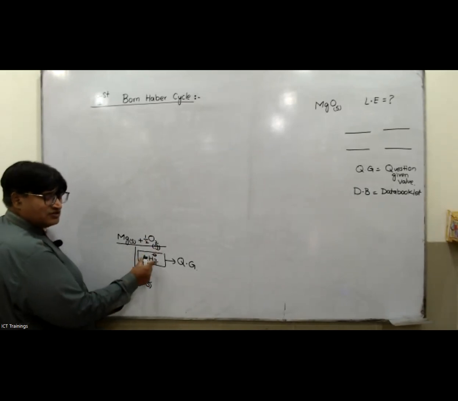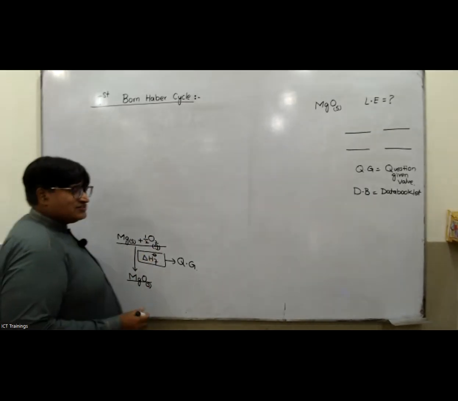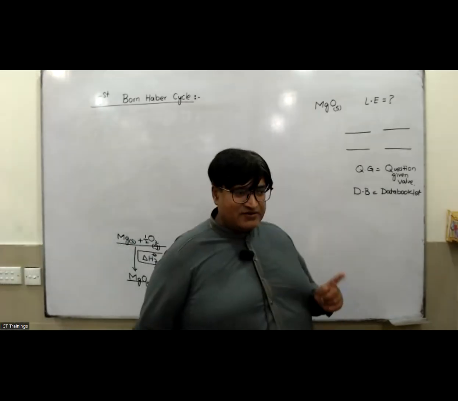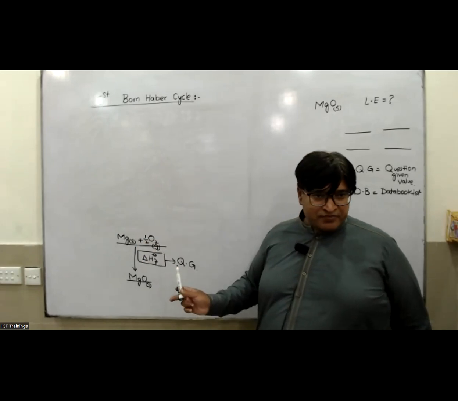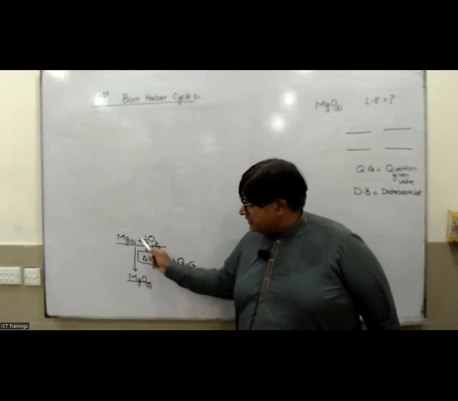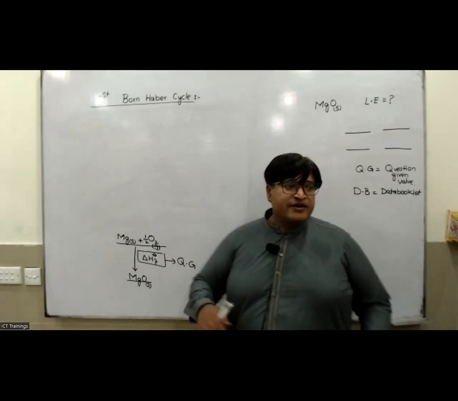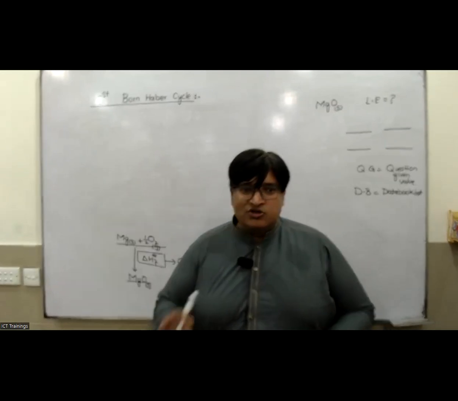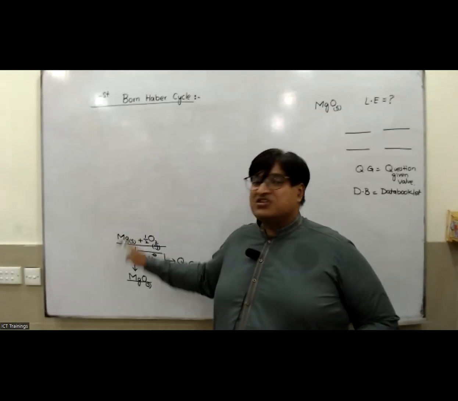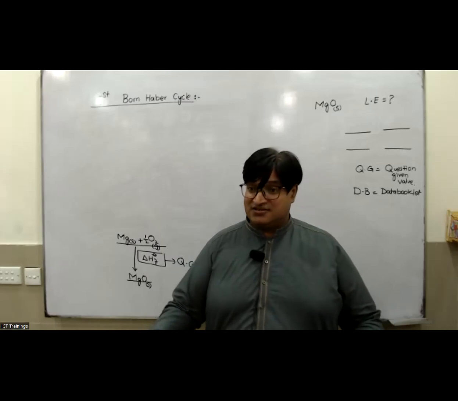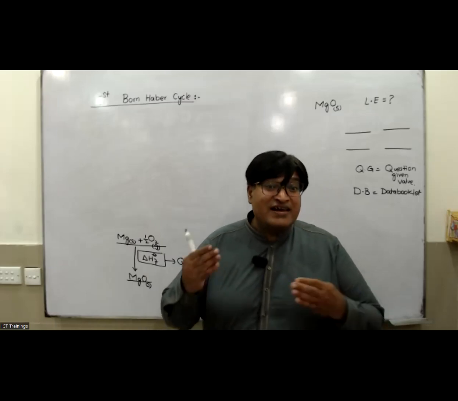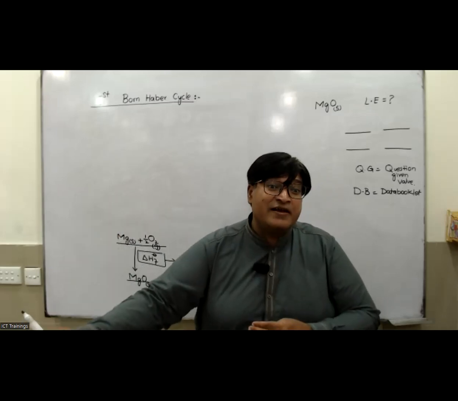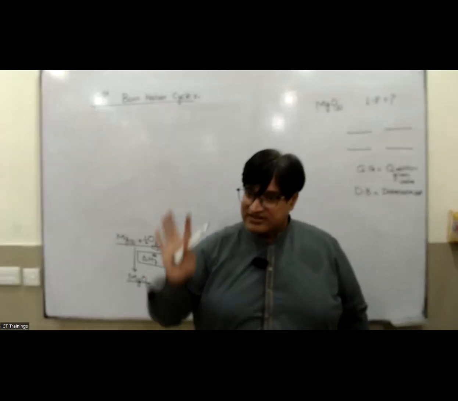This is the formation. Now, my dear students, if you look up here, everybody just listen. You have two different elements. This is a metal and this is a non-metal. Now you are supposed to change these two things into gaseous ions. To change an element into a gaseous ion, you have to do two processes.